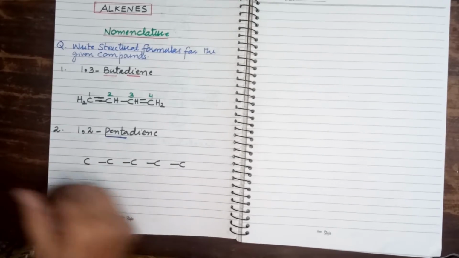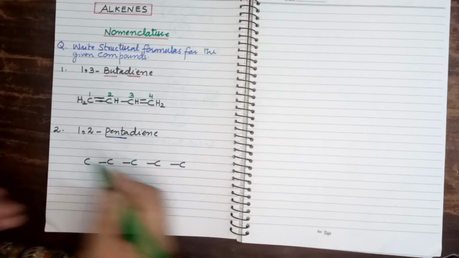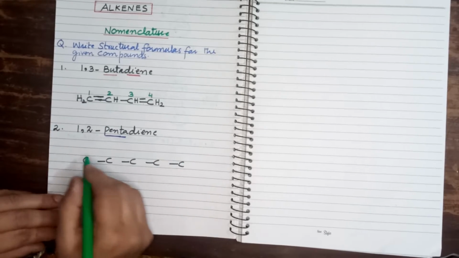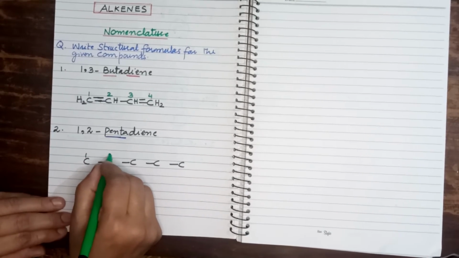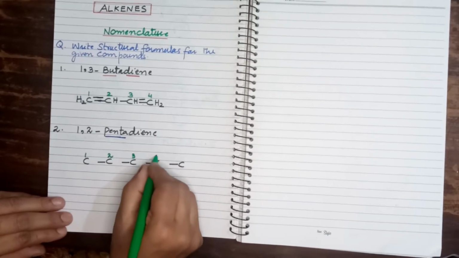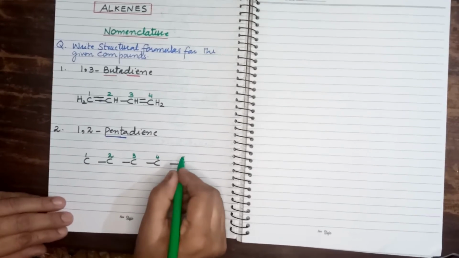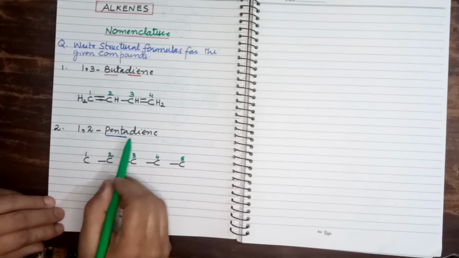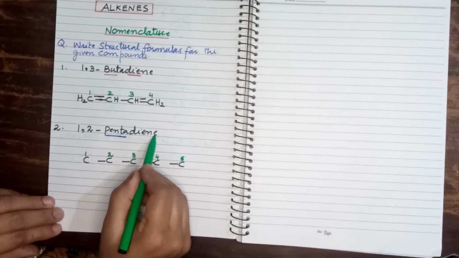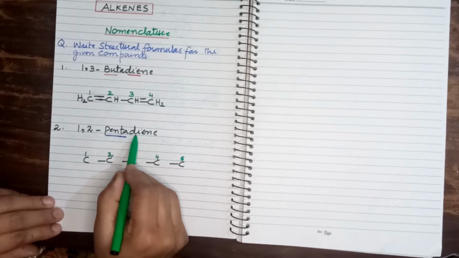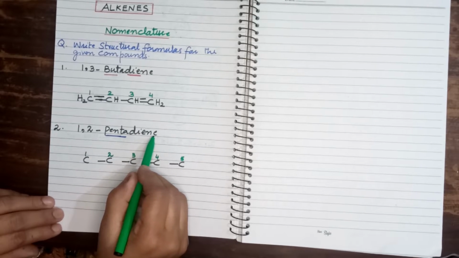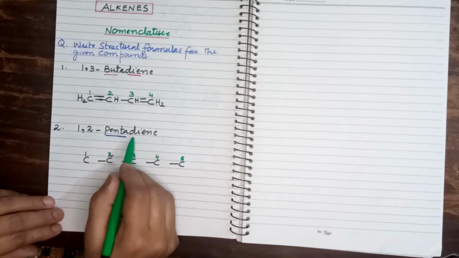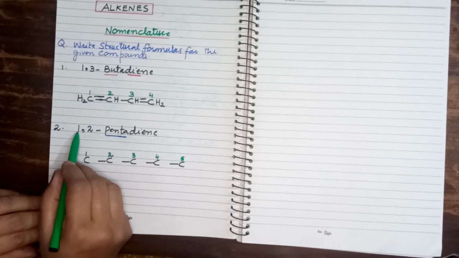Now do the numbering any way, either from the left side or from the right side. 1, 2, 3, 4, 5. Okay students, now here diene: di means 2. Diene means there are 2 double bonds present in the molecule. So what are their positions? 1, 2.